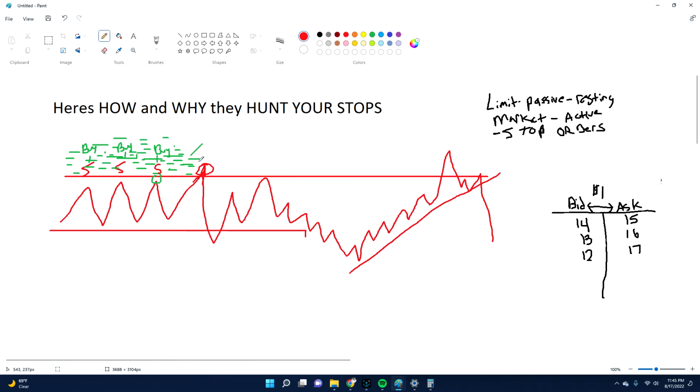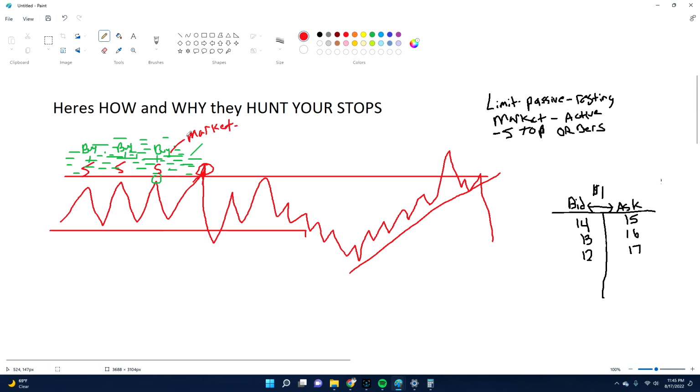When your stop is hit, it becomes a market order. What you're telling your broker is, you get stopped out, get me out of the market at the next available price, I can't take any more losses. That's why it's called a stop loss. What happens when you hit the market button when you're normally trading?